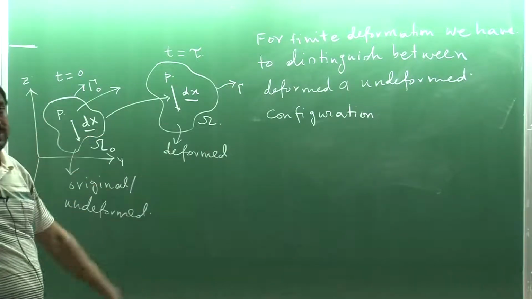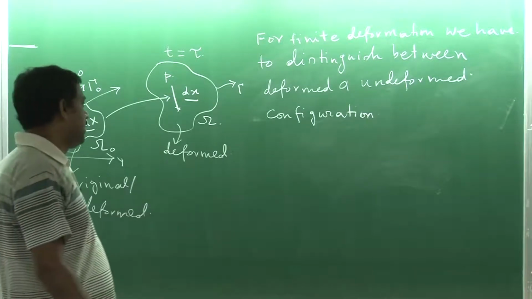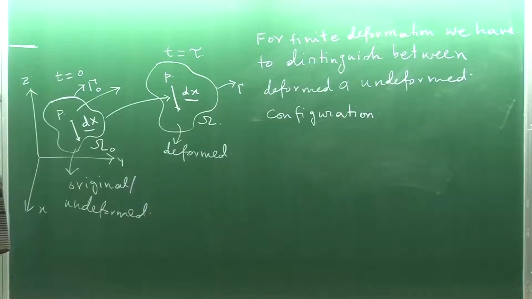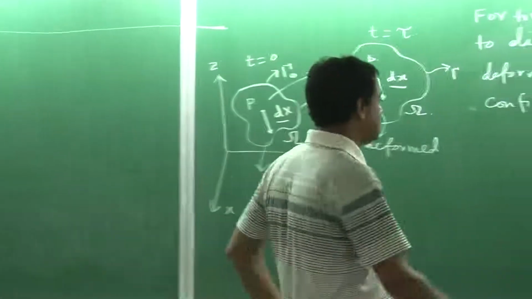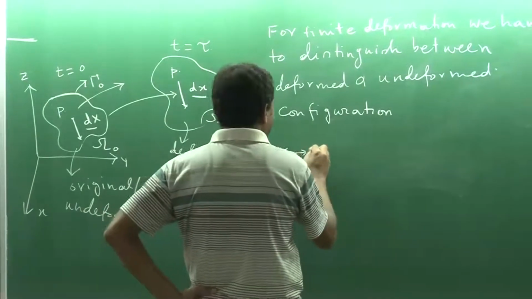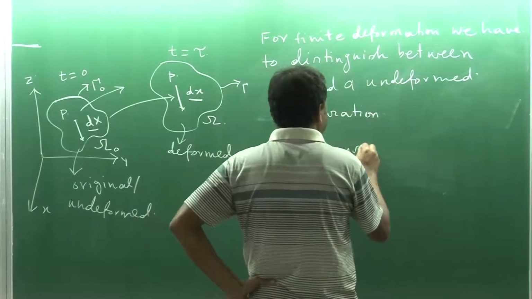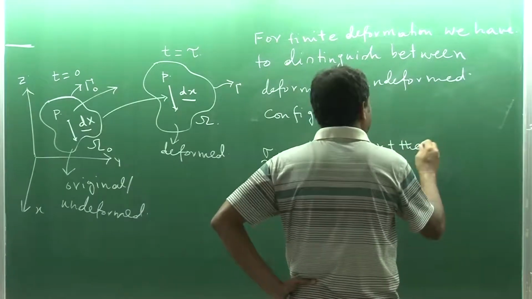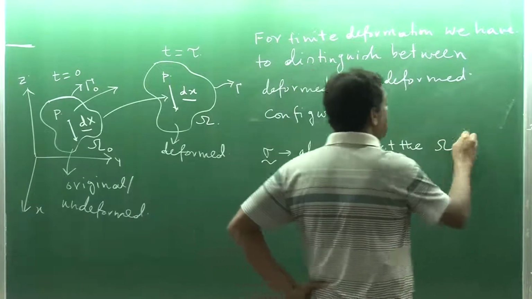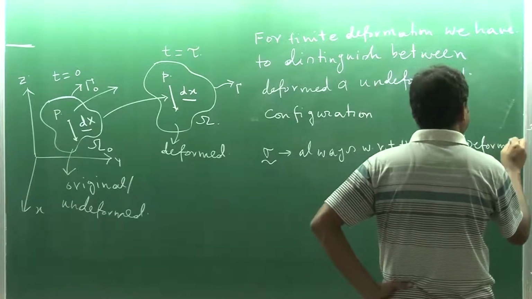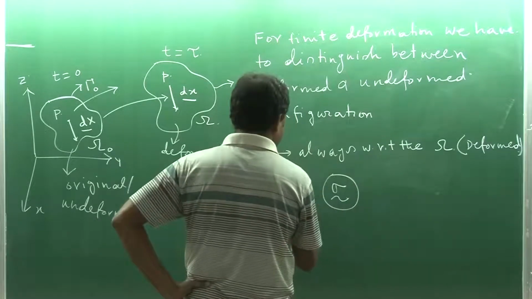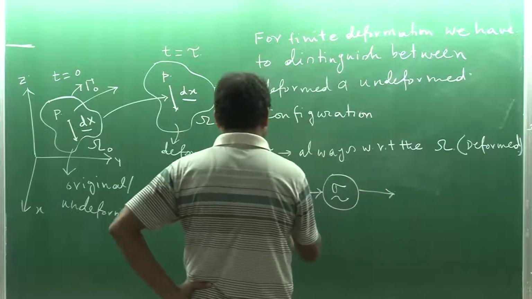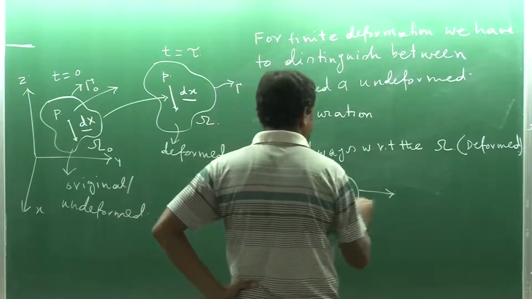So, this is the body, it is going to this, and then from the deformed and undeformed, what we have seen is the traction vector and then the Cauchy stress tensor. The Cauchy stress tensor is always with respect to the deformed configuration. If you can recall, the Cauchy stress tensor is basically a mapping between the small area vector, small dA, and the traction t bar.